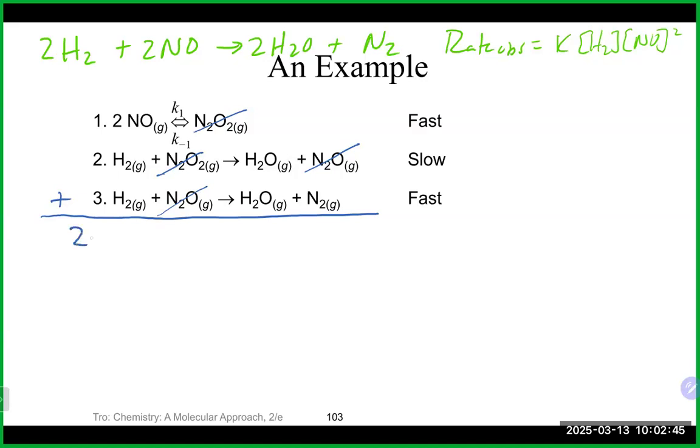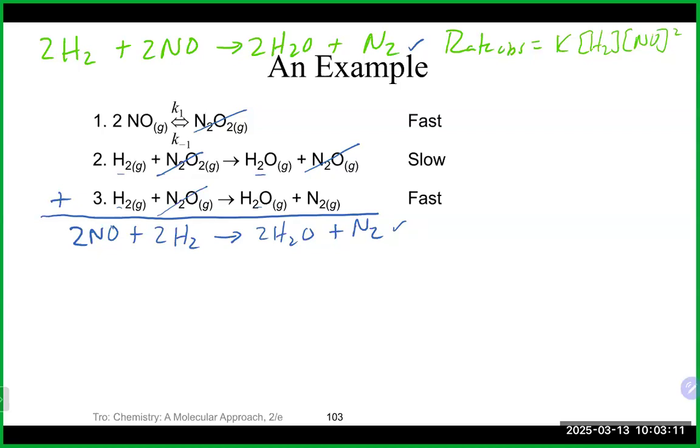So we have 2NO plus 2 H2 on the left going to 2 H2O on the right, and then N2. So this is the first process to determine if this mechanism is good. When you add up all those steps, it does hit the reaction that we're looking for.